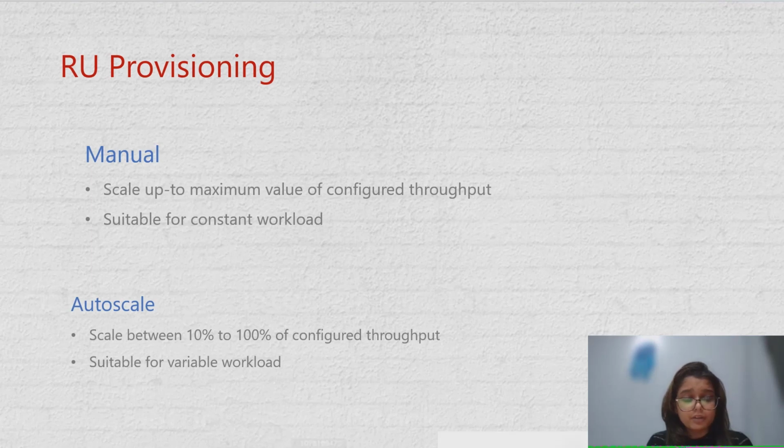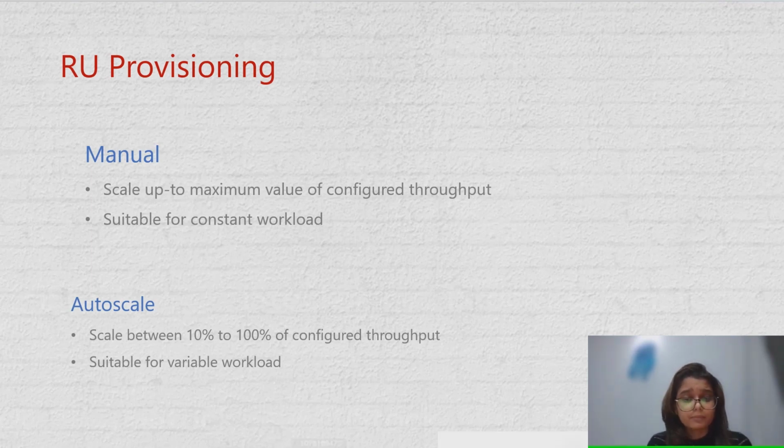Autoscale lets you consume between 10 to 100% of the configured throughput value so that your container can scale up and down based on the requests coming into the container.